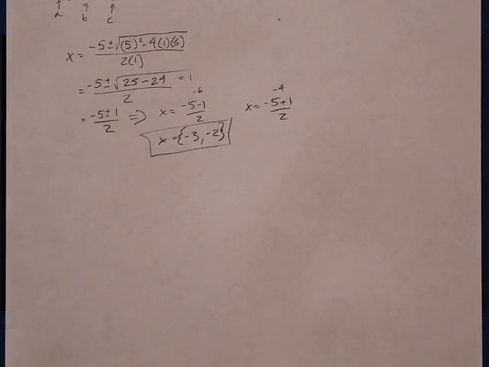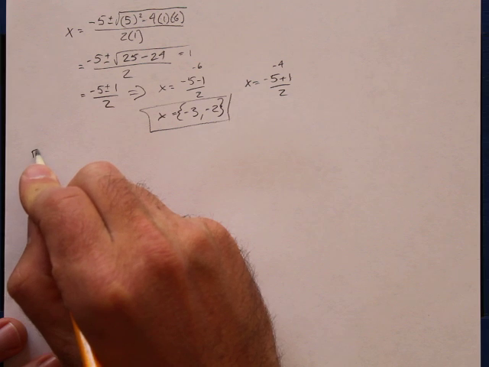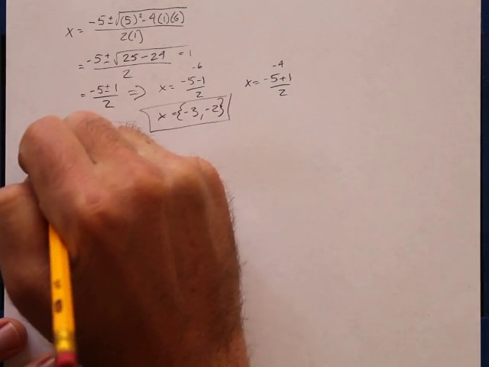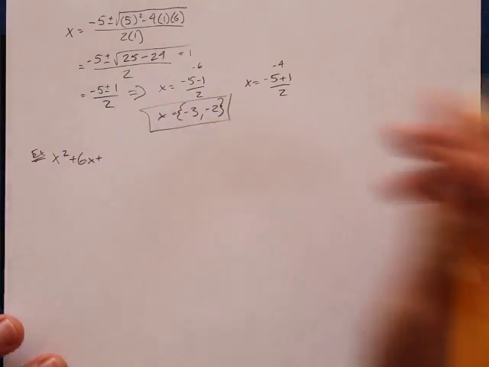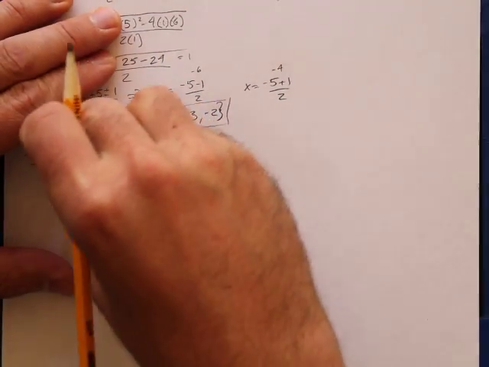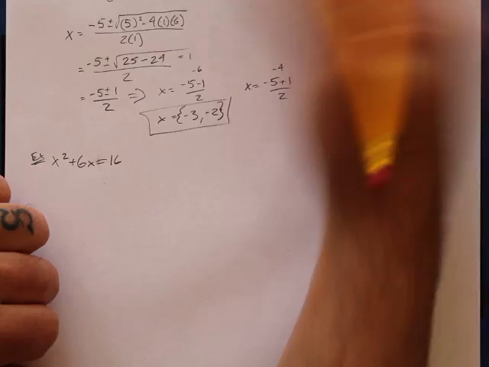All right, let's do another one. X squared plus 6x equals 16.